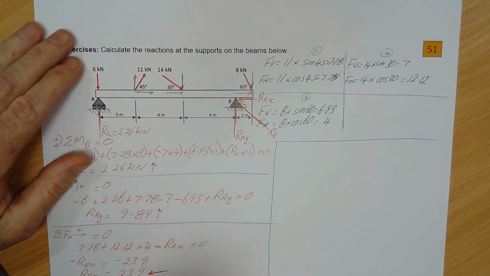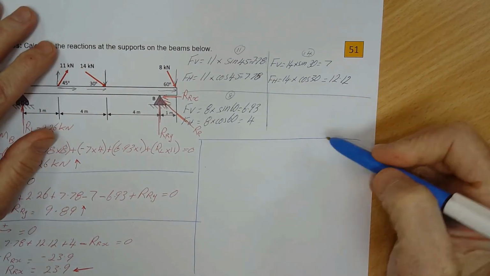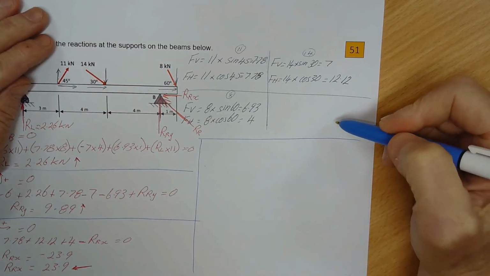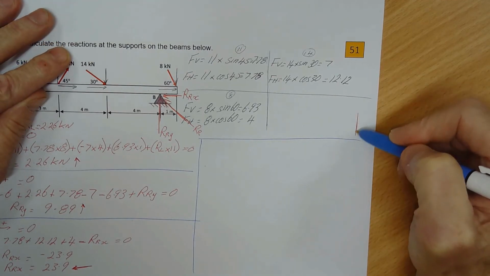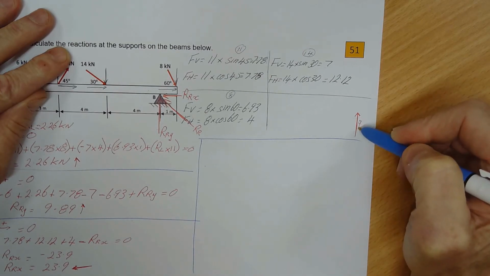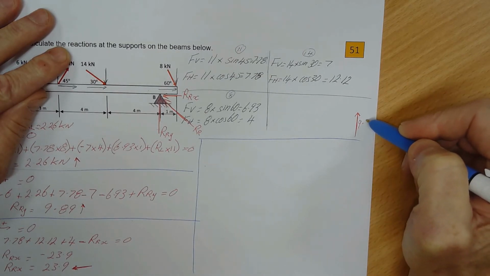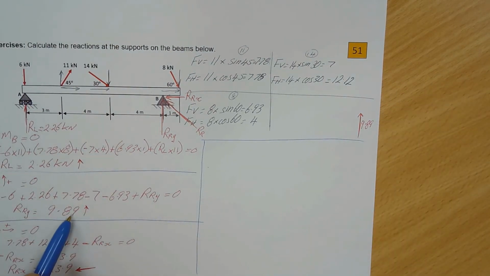If I draw the triangle that I'm looking for, up here in this section, we've got a vertical component worth 9.89. You can see that from that value there.